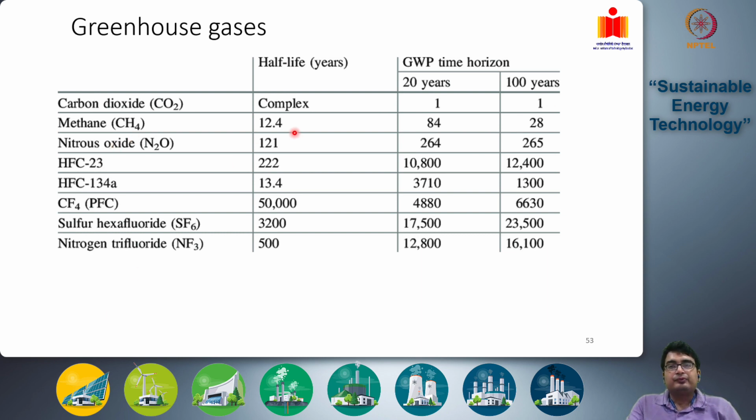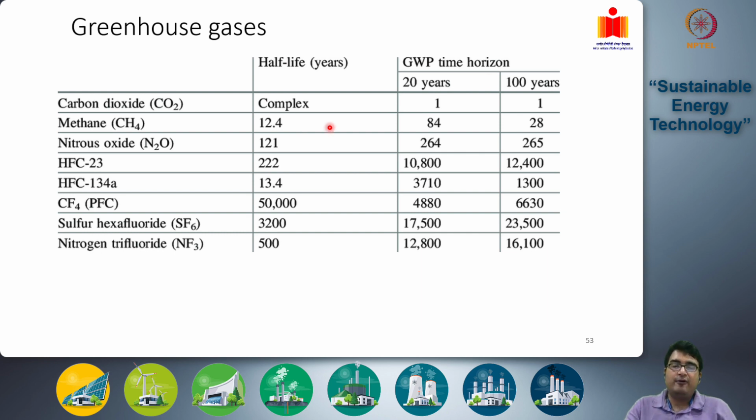Methane is less stable in the atmosphere because methane is CH4 and we have free oxygen in the atmosphere. So slowly the methane oxidizes to form CO2. If you put 1 kg of methane today, in 12 years we expect that half of it would have been degraded to CO2 and only 0.5 kg of methane would be left.